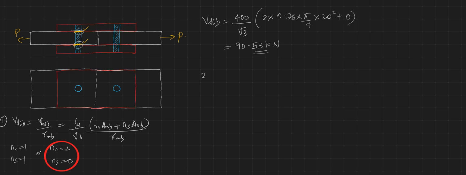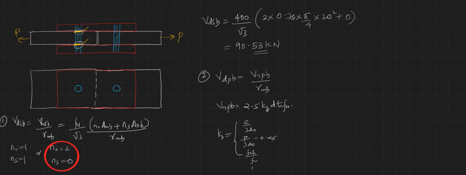Now coming to the bearing strength, that is VDPB. So VNPB is KB d t. KB is similar to what we had done before. There is no change in the case of your KB. I'll get this as the least of the terms, and this as 0.5.